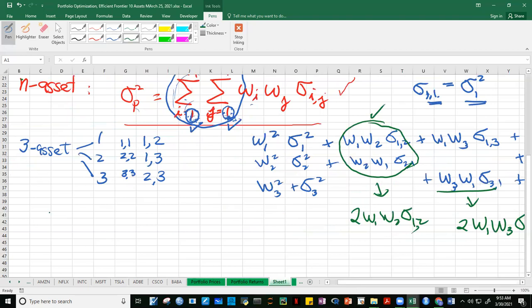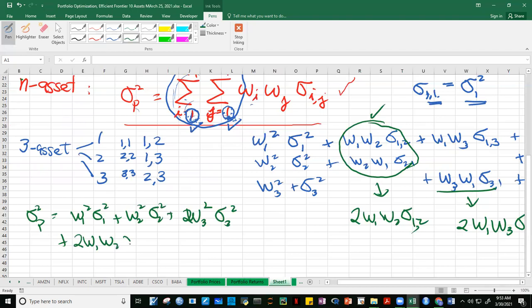It will now be equal to variance natin will be equal to W1 squared variance of 1 plus W2 squared variance of 2 plus, meron pa isa, W3 squared variance of 3 plus 2 W1 W2 covariance 1, 2 plus 2 W1 W3 covariance of 1, 3 plus 2 W2 W3 covariance 2, 3. Yan ang portfolio natin.